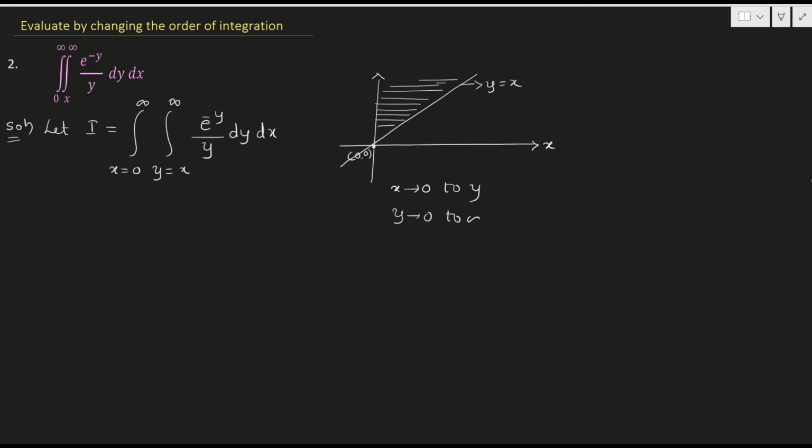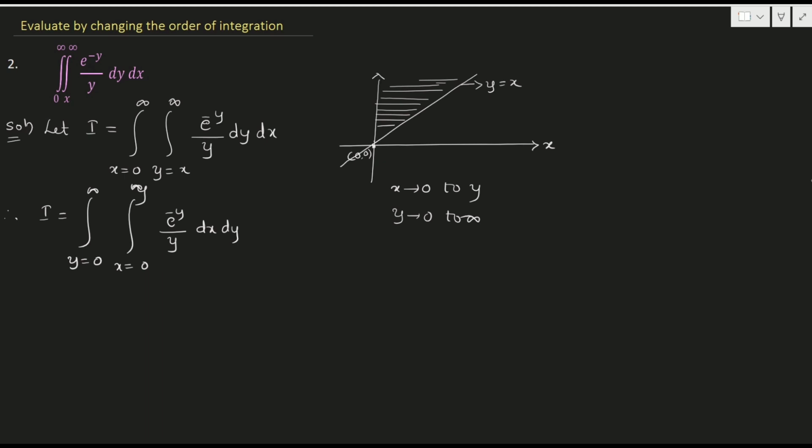So by changing its order, our I will be the integral with y varies from 0 to infinity and x varies from 0 to y, and the function is e raised to minus y by y dx into dy.